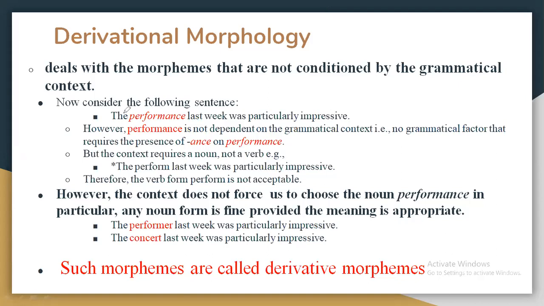Okay, let me take it out. This word, the red font: the performance was particularly impressive. And this word, look here. How many morphemes are there?